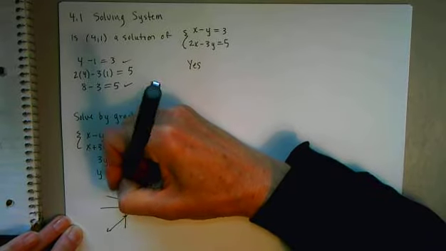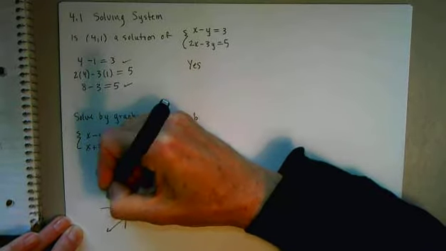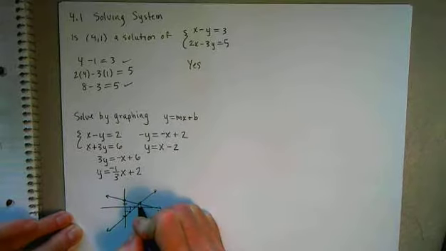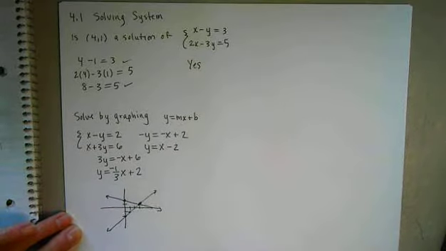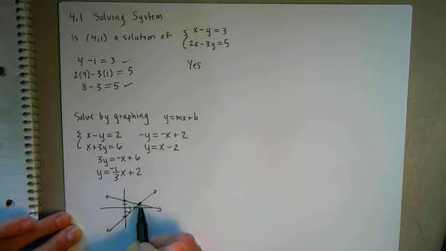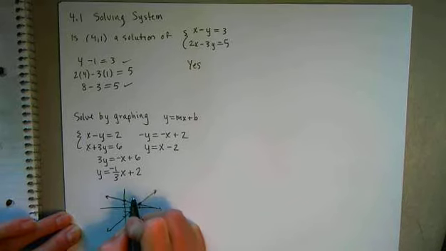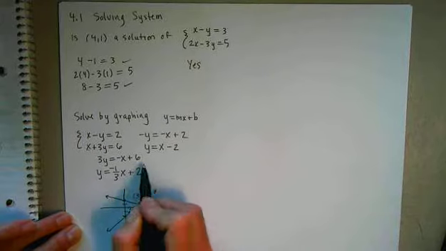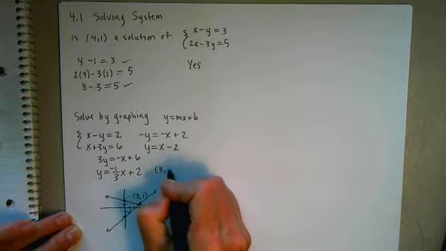Hopefully I can draw that pretty straight. I missed the point, but you've got the point where I should have gone right there. So you can see the intersection, and they won't give you fractions and decimals, so figure out what integer that point is on, and it looks like it's over 3 up 1. So that is the solution to this system, 3, 1.